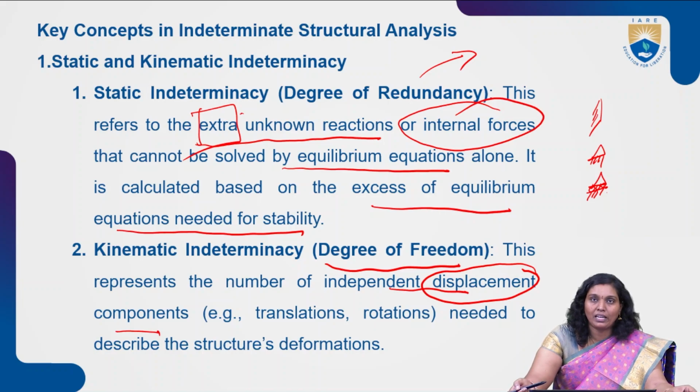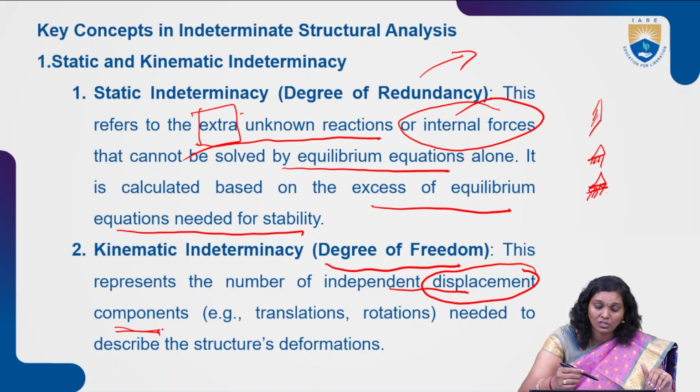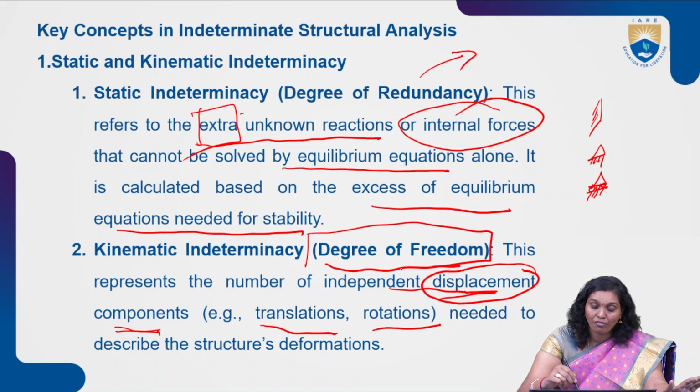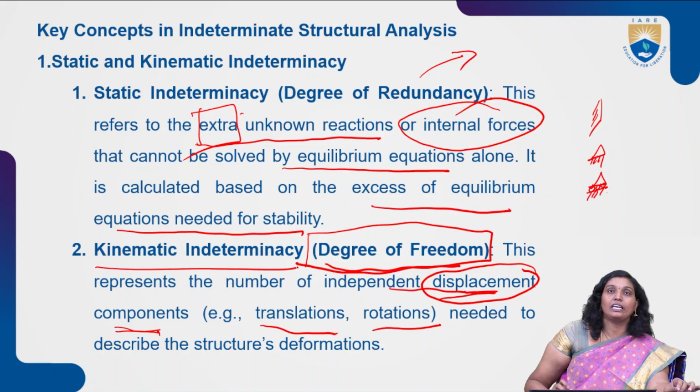In kinematic, we understand the number of independent displacement components, those are translations and rotations, needed to describe the structure's deformation. We are talking about structural deformation based on these displacements, and that is known as the degree of freedom. That is nothing but the kinematic indeterminacy.